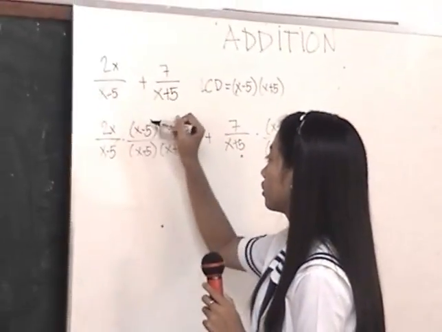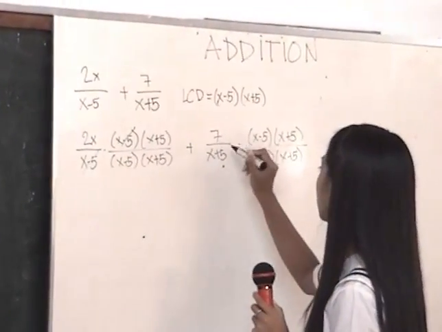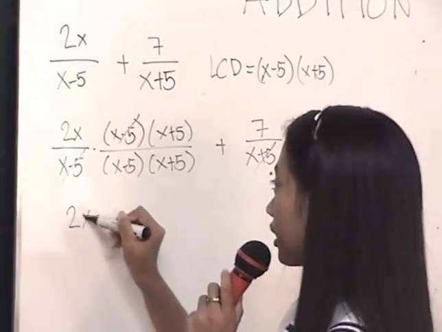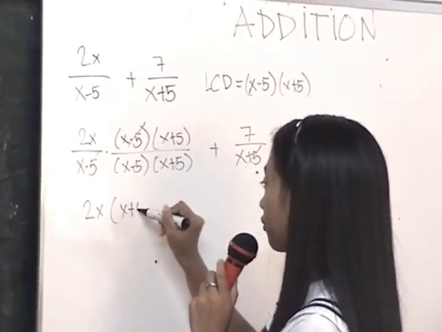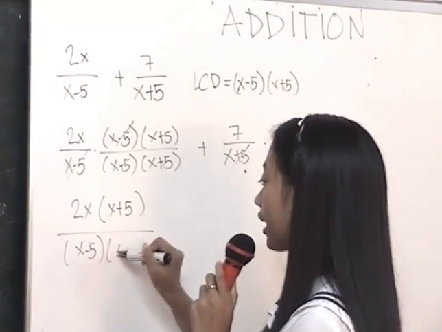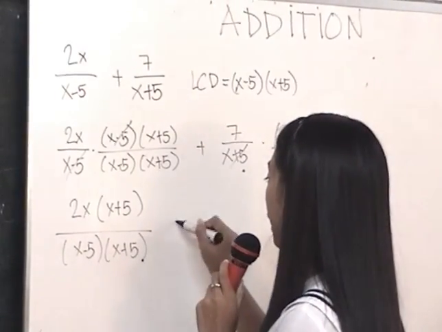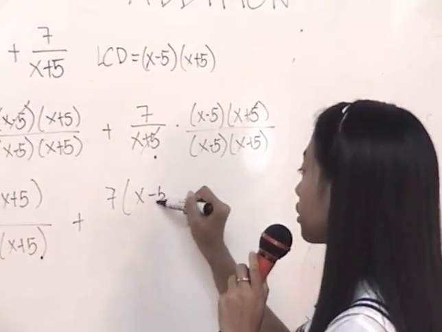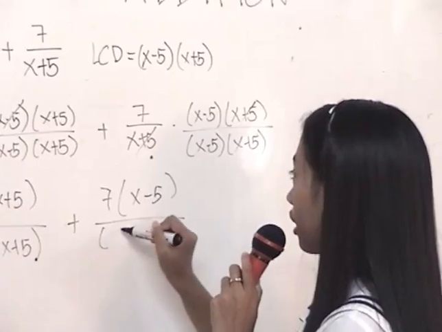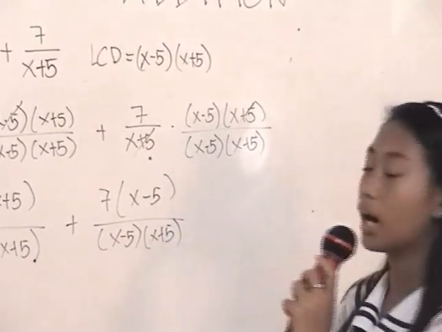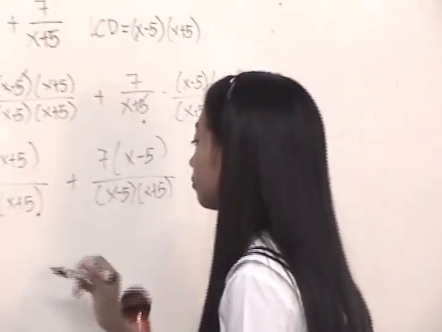We need to cancel same terms. So we have 2x times the quantity x plus 5 over the quantity x minus 5 and x plus 5, plus 7 times the quantity x minus 5 over the quantity x minus 5 and x plus 5. Now we have the same denominator.